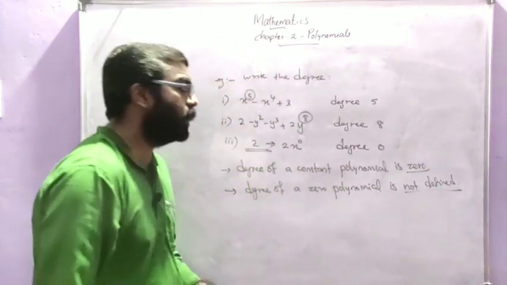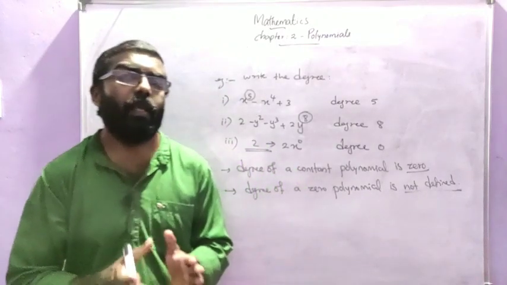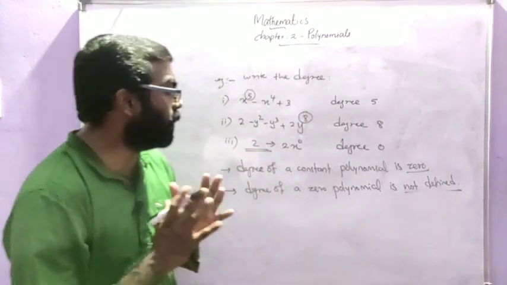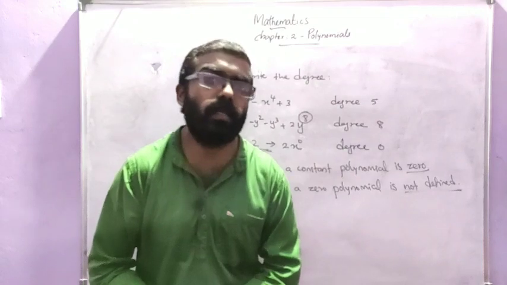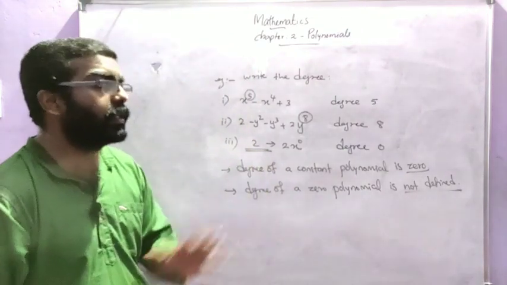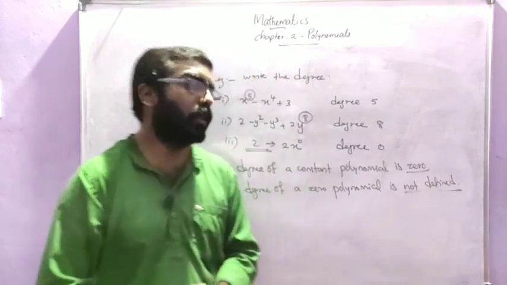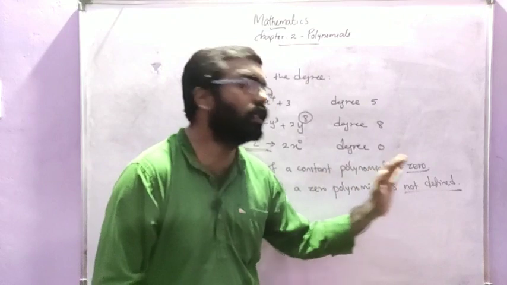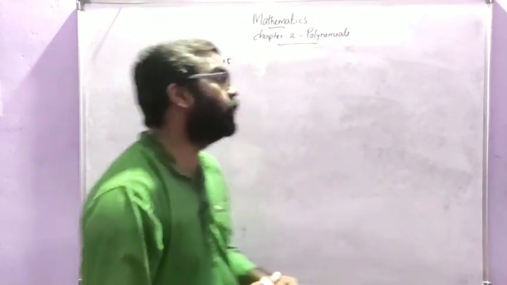Okay, the degree of a constant polynomial, any number, we can say 5, 3, minus 2, something like that, all are called constant polynomials, and the degree of constant polynomial is what? 0. And degree of a zero polynomial, the number 0 itself, is called what? Zero polynomial, and the degree of that zero polynomial is not defined. Understood?